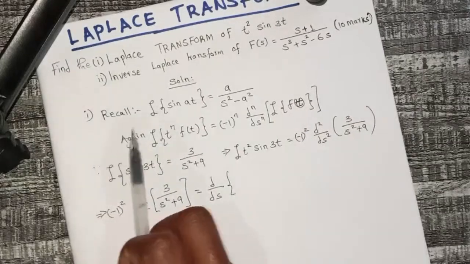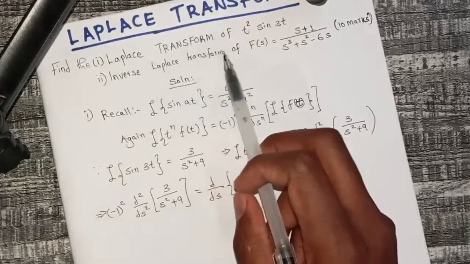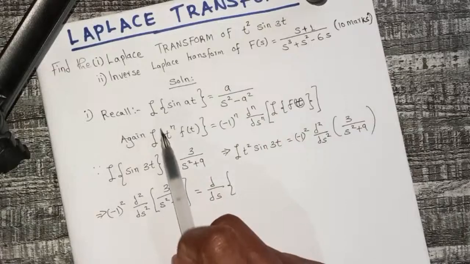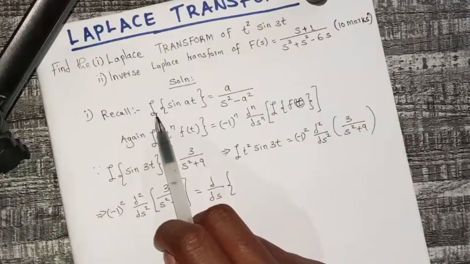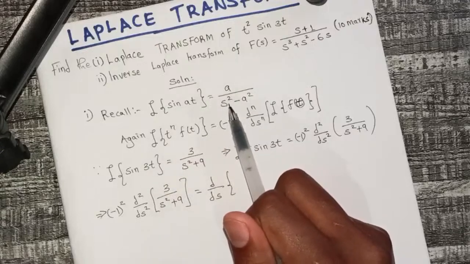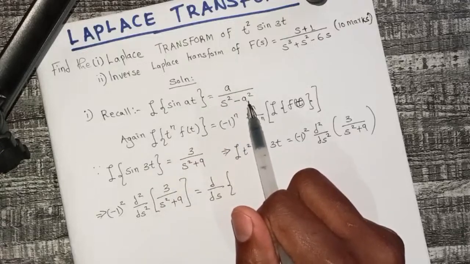So for the first part, which is the Laplace transform of t squared sine 3t, we need to recall a formula: the Laplace transform of sine at is a over s squared plus a squared.